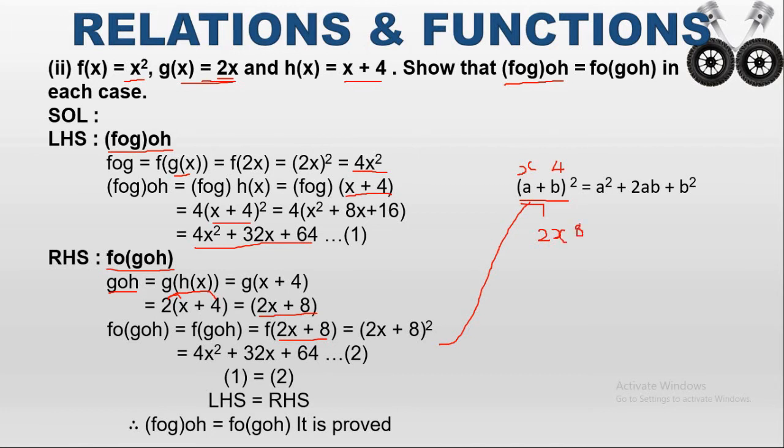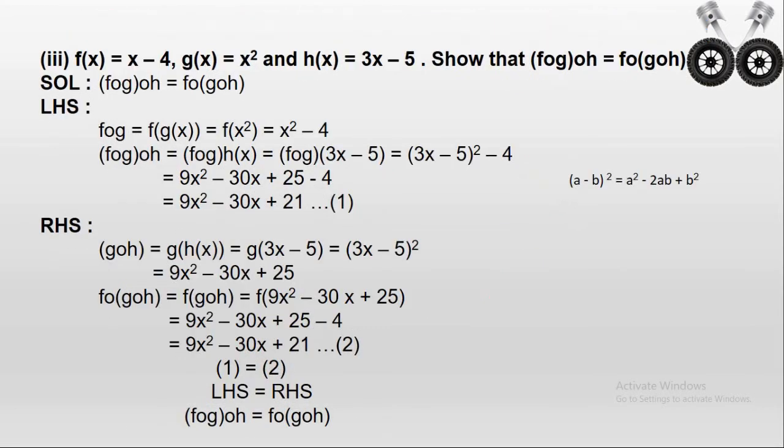Now substitute in the formula: (2x) whole squared plus 2 into 2x into 8 plus 8 whole squared. So the answer is 4x squared plus 32x plus 64. Both equation 1 and 2 are equal, that means LHS equals RHS. So (f composition g) composition h equals f composition (g composition h). It is proved.